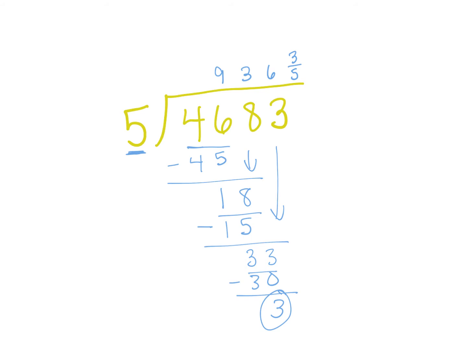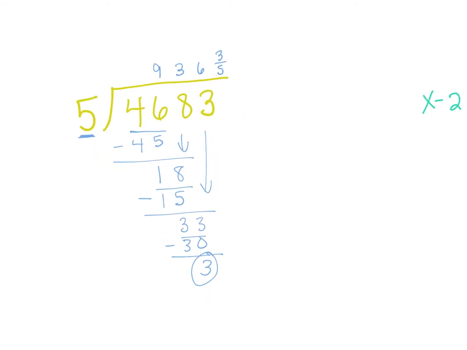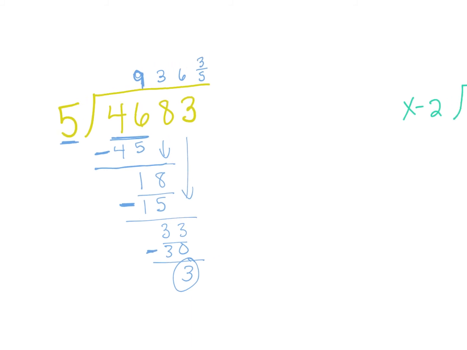So that's our answer. So that's the process. I want you to think about how we did the dividing part, and then we put this number up on top, and then we multiplied. And then here, a key component of these problems is to remember at this point we subtract. So keep that in mind when we are looking at this other problem over here.